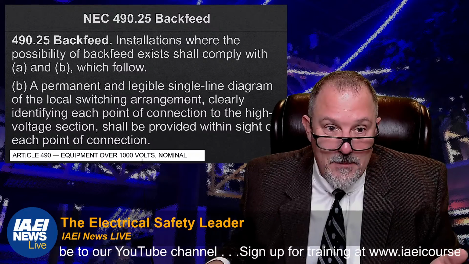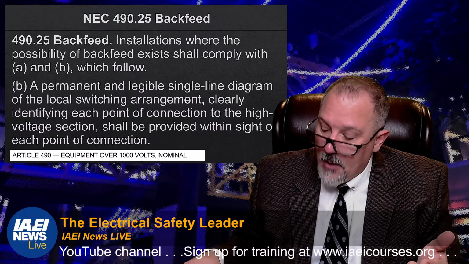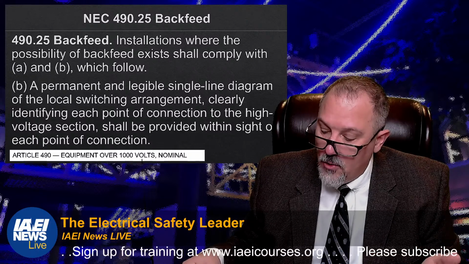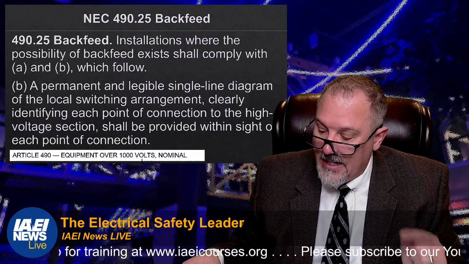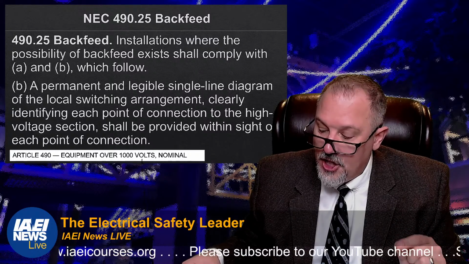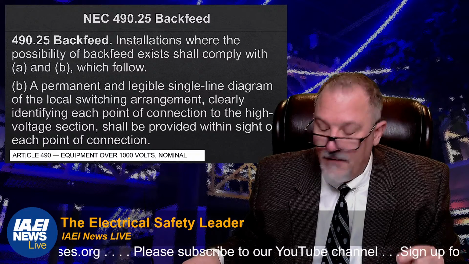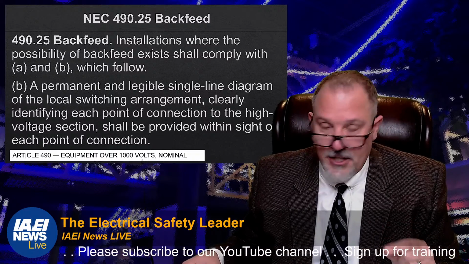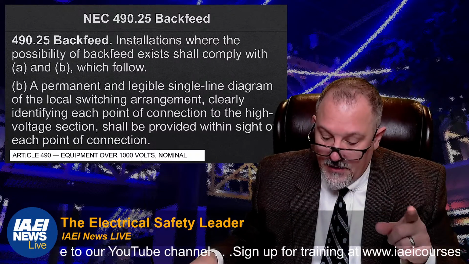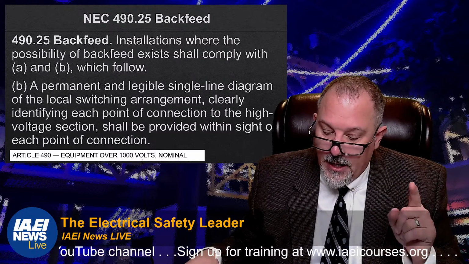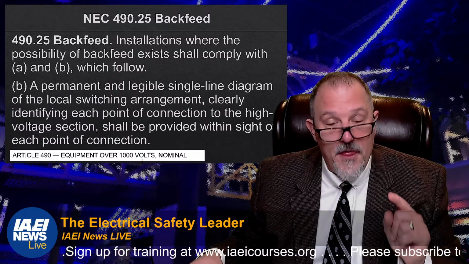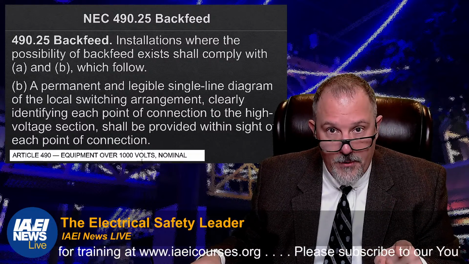And B is the diagram. A permanent and legible single line diagram of the local switching arrangement, clearly identifying each point of connection to the high voltage section, shall be provided within sight of each point of connection. This is in Article 490, and the scope of 490 covers the general requirements for equipment operating at more than 1,000 volts nominal.